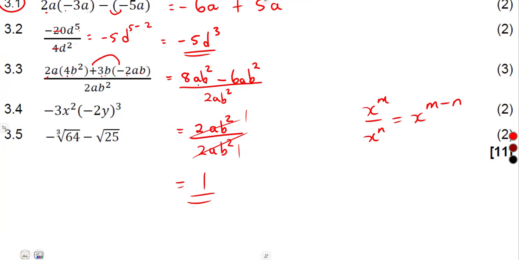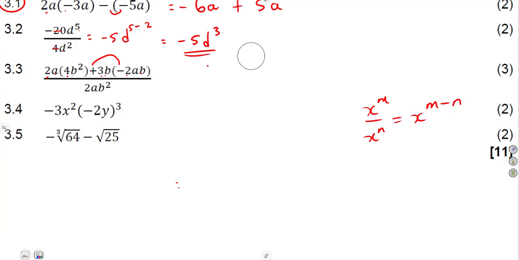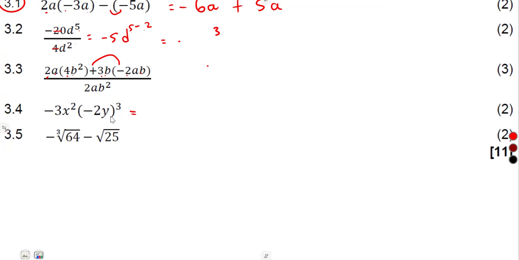All right. 3.4. You just needed to expand. Minus 3x squared. Here we have to expand. Minus when raised to an odd number is going to remain as a negative. So that's going to give us a negative 2 to the exponent of 3, which is 2 times 2 times 2, which is 8.